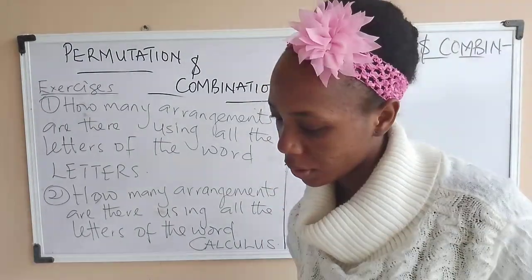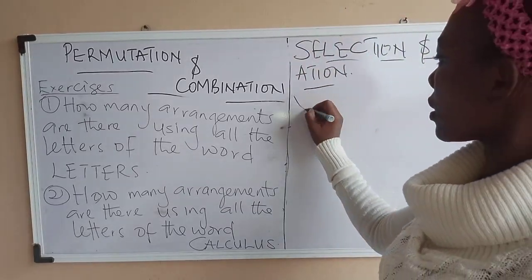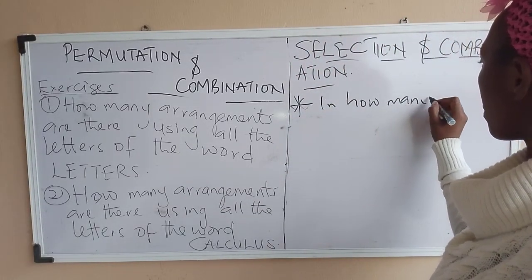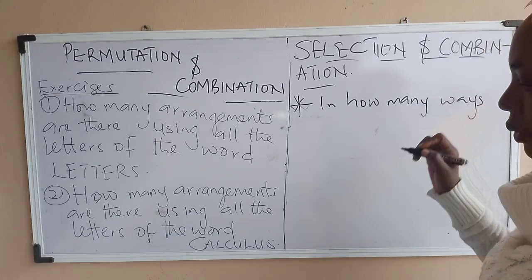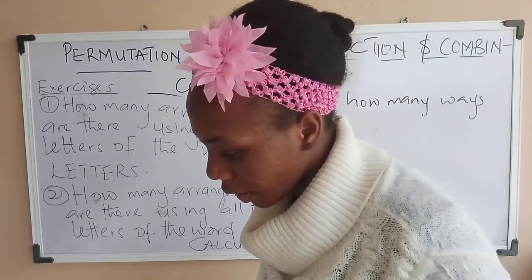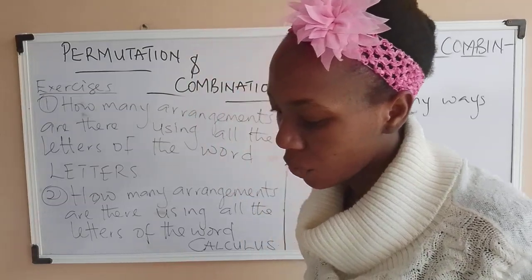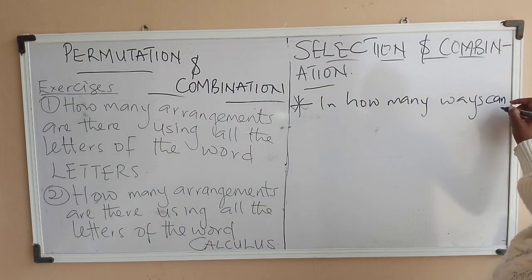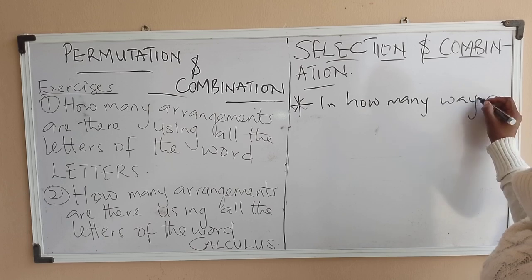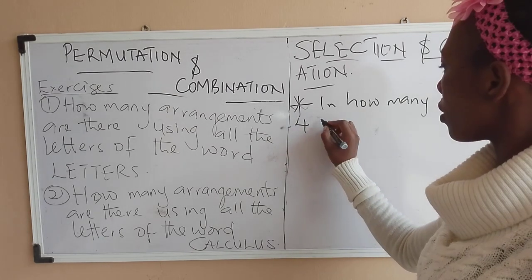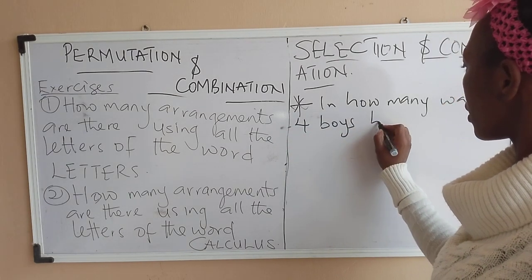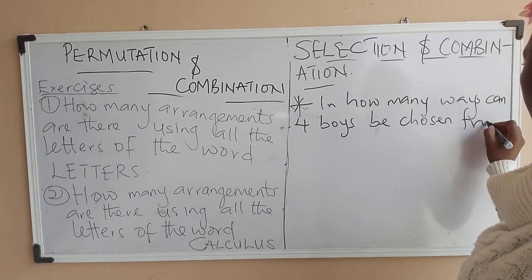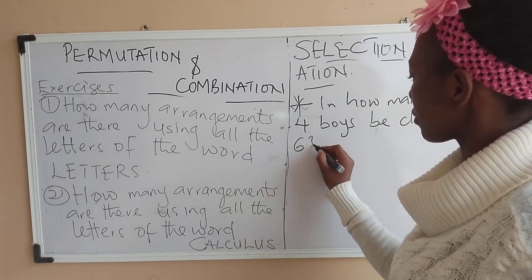Selection and combination. We'll be starting off with this: in how many ways can 4 boys be chosen from 6?